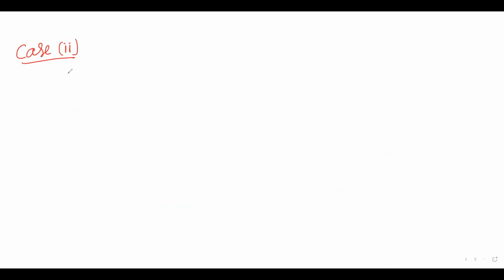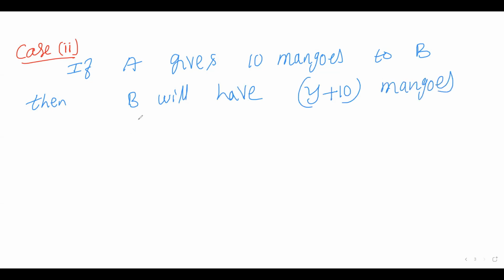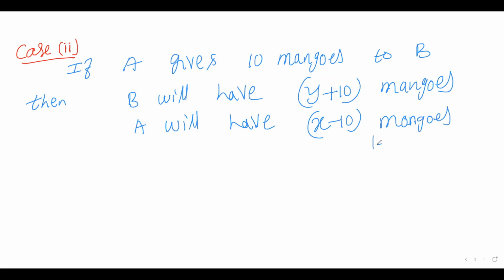A is giving 10 to B. If A gives 10 mangoes to B, then B will have y plus 10 mangoes. A will have x minus 10 mangoes left over.